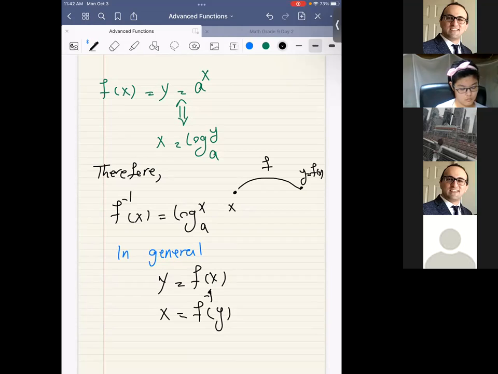Then that means x equals f inverse of y. So in general, that's the guiding principle: if you have a function f of x and want to find the inverse, just try to find x in terms of y.